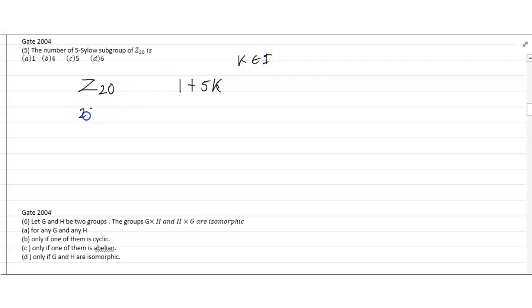And 20 can be written as 5 into 4. So it can be written as 1 plus 5k dividing 4. What is the possibility of divisibility? If k equals 0, then it is possible. So the number of 5 zero subgroups of Z20 is 1.